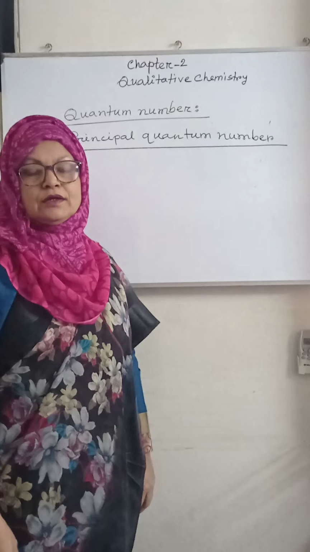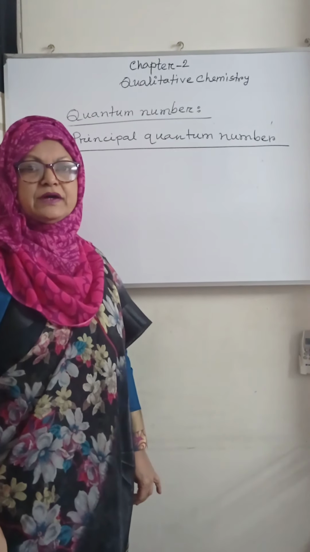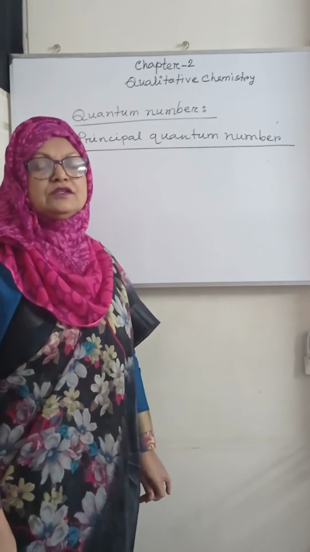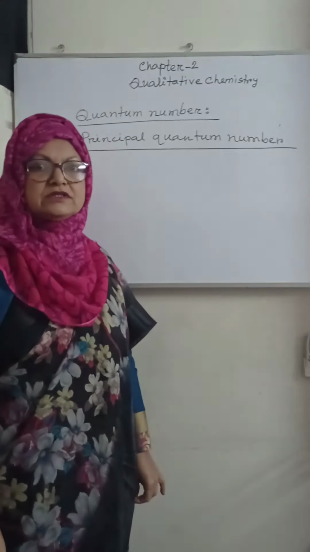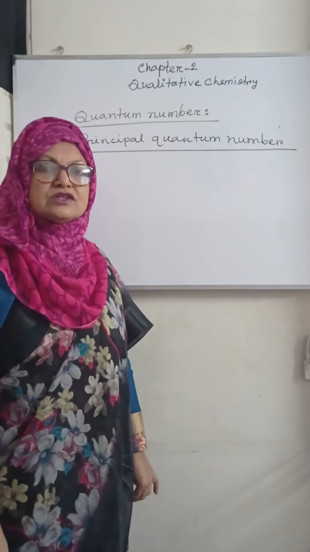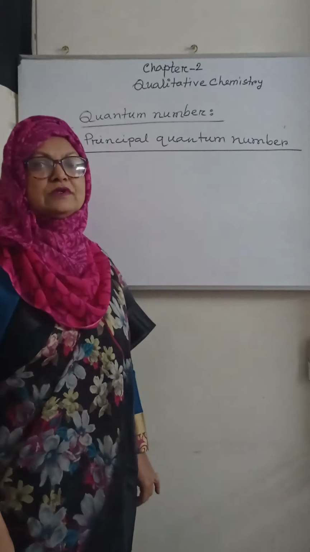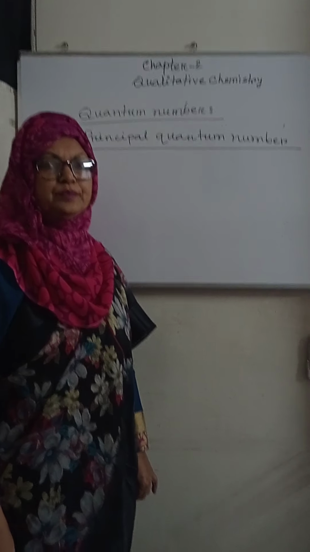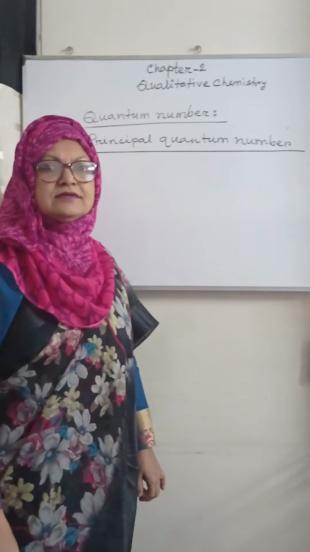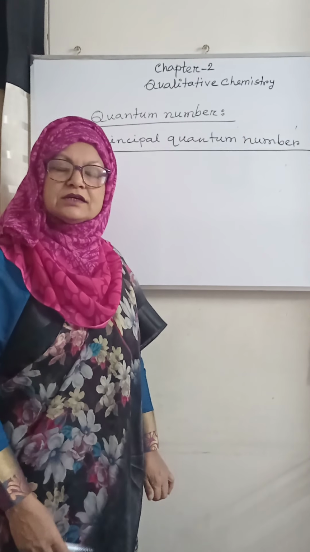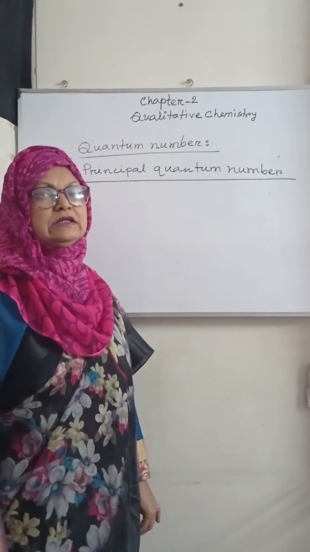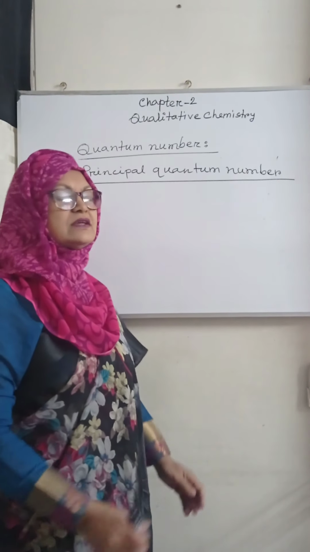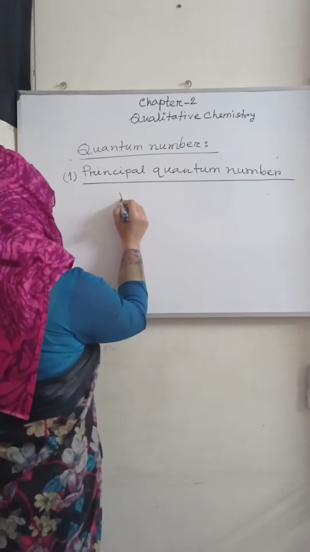The number which expresses the principal energy level in which electrons can revolve, represents the average distance of the electrons from the nucleus, and also represents the size of the electron orbit, is called the principal quantum number. It is expressed by n.